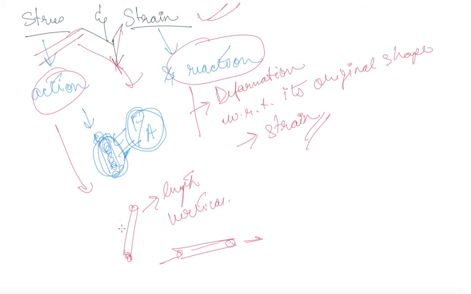It does not matter which position, but if there is a change in length, then that type of change is known as longitudinal strain, and that is defined by del L upon L.